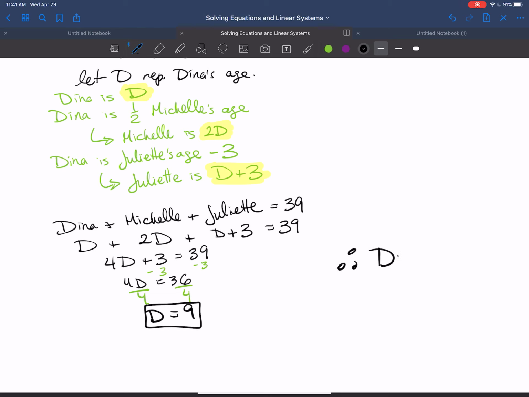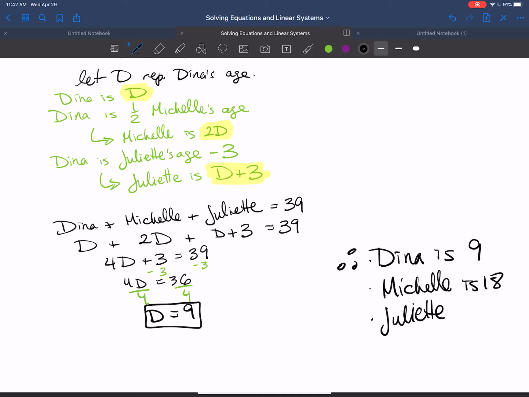Therefore, Dina is 9. So then Michelle is 2 times Dina's age, or Dina was half of Michelle, so Michelle is 18. Juliet, however you spell her name, was Dina's age plus 3. So she must be 12.